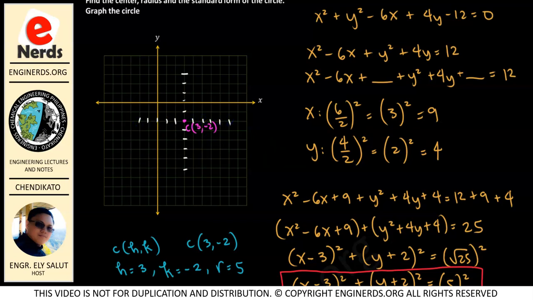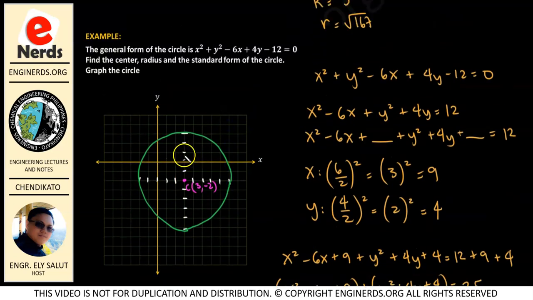Okay, so madodrawing na kagad natin ngayon yung ating circle, no? So again, I may not be able to do this perfectly as a circle dahil manual tayong nagdo-drawing here. So I hope you will understand that.